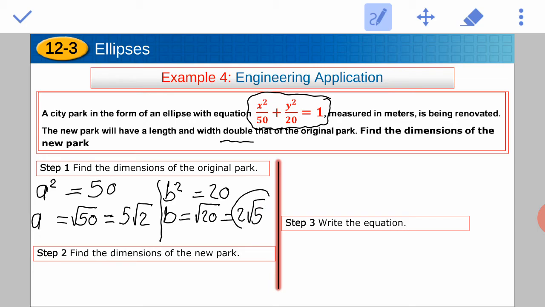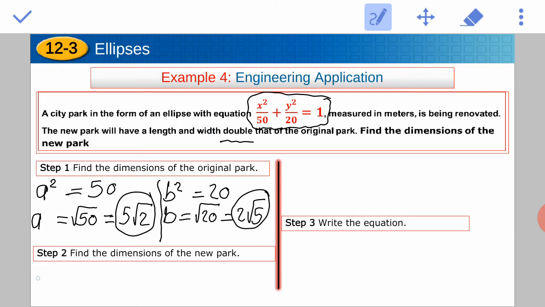This is the value of B, and this is the value of A for the original park. Now we know the dimensions of the original park. We know the distance from the center to the vertex and from the center to the co-vertex of the original park. Now guys, the key is that the length and the width of the new park are doubled.